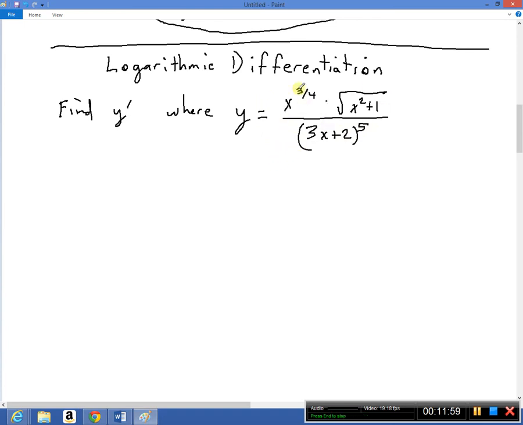You look at it and you say, well, this is a quotient, so we have to whip out the quotient rule. Denominator times derivative of the numerator minus numerator times derivative of the denominator, all over the denominator squared. Well, when you go to take the derivative of the numerator, lo and behold, you've got a product to deal with. So you have to go first times derivative of the second plus second times derivative of the first. And when you go to take the derivative of the second, you run into the fact that this is a square root, so you got to go x squared plus 1 to the 1/2.